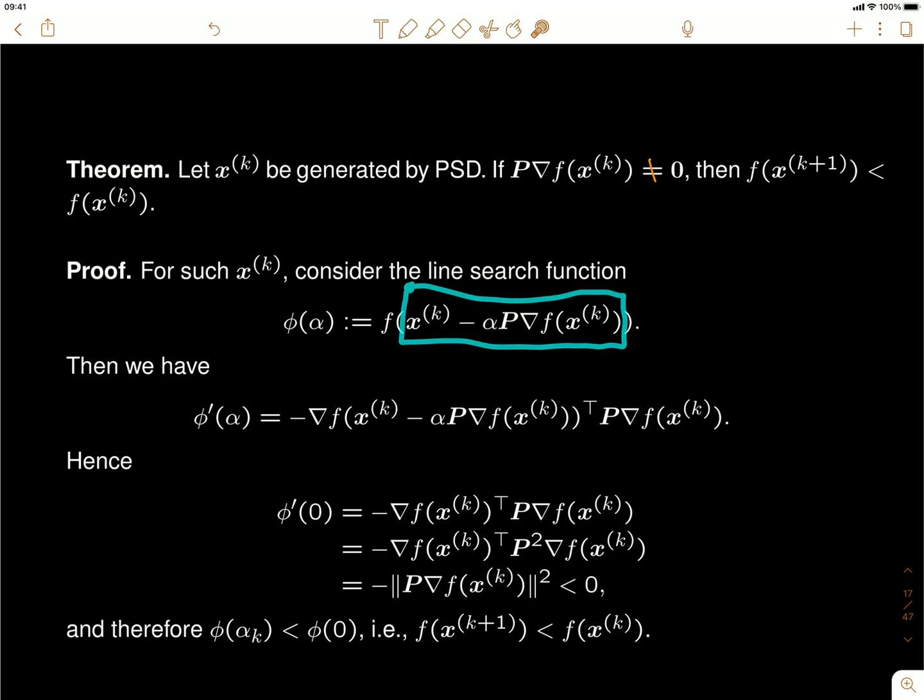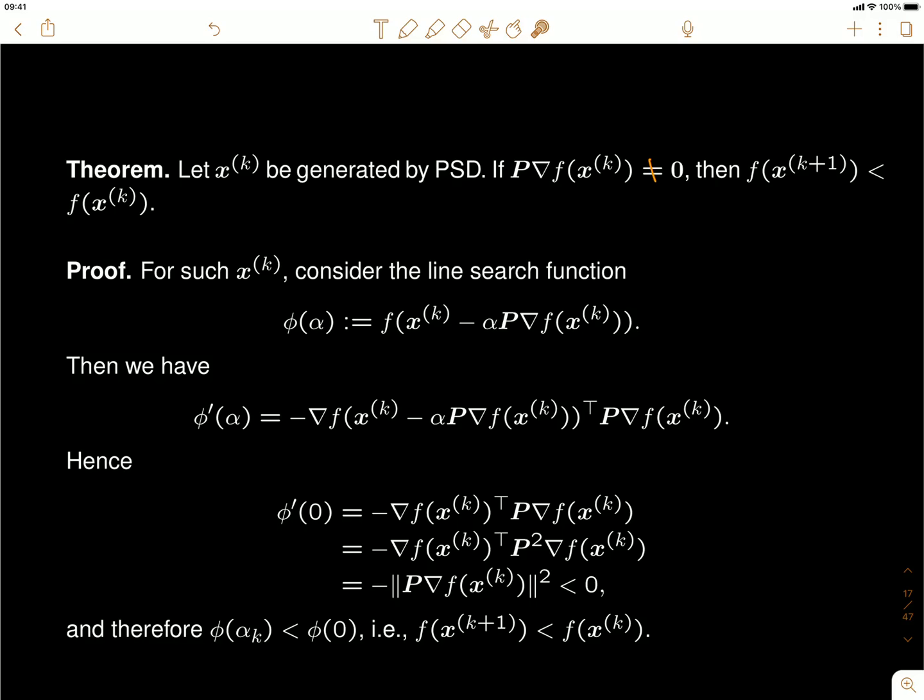All right, so now suppose we define this line search function phi of alpha, then we know that by taking the derivative with respect to alpha, the phi prime at alpha, you know that this is a univariate function that is scalar valued, meaning that it takes the scalar alpha and we get the scalar value of phi of alpha. So when we take the derivative, we just take the derivative with respect to alpha. We should apply the chain rule, right?